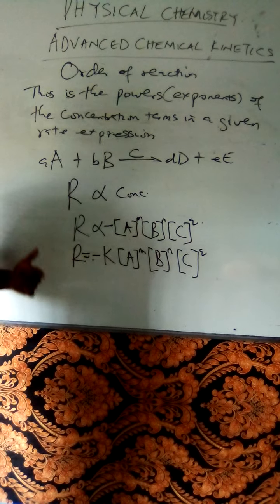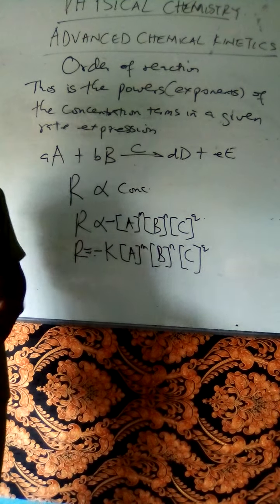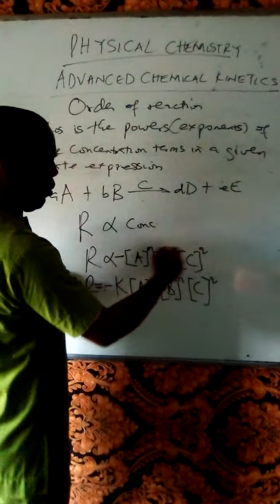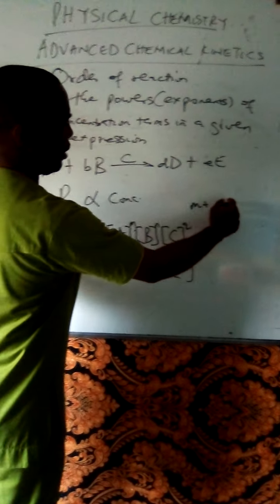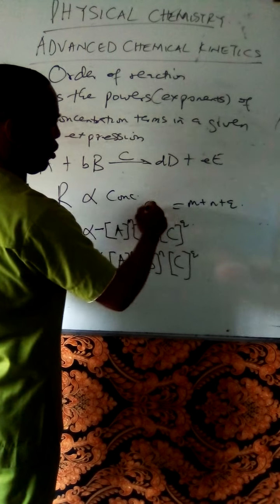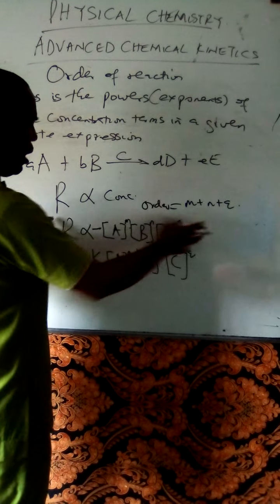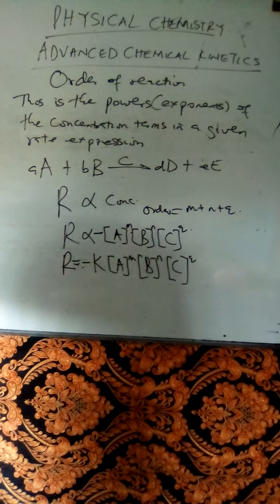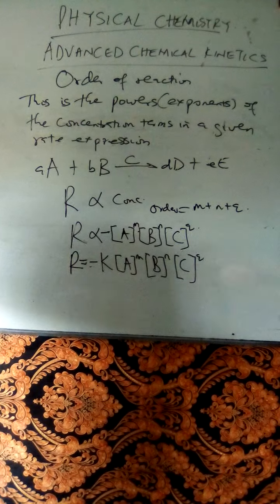The order of reaction is determined by experiment. So if I want to get the overall order of this reaction, I add the powers m plus n plus q. That becomes the overall order of the chemical reaction. So an order of reaction is also different from molecularity of reaction.